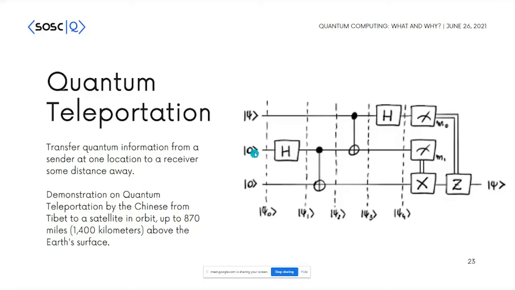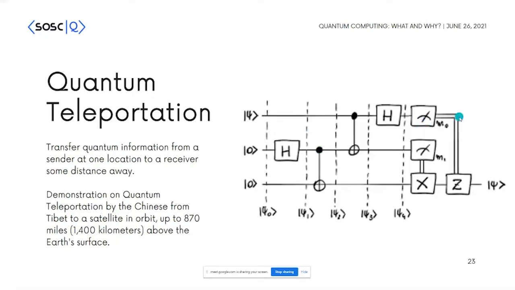If I encode my state inside the qubit I have, then using this teleportation protocol, the qubit in the satellite will have the state I encoded here, and I do not have to send any qubit there.